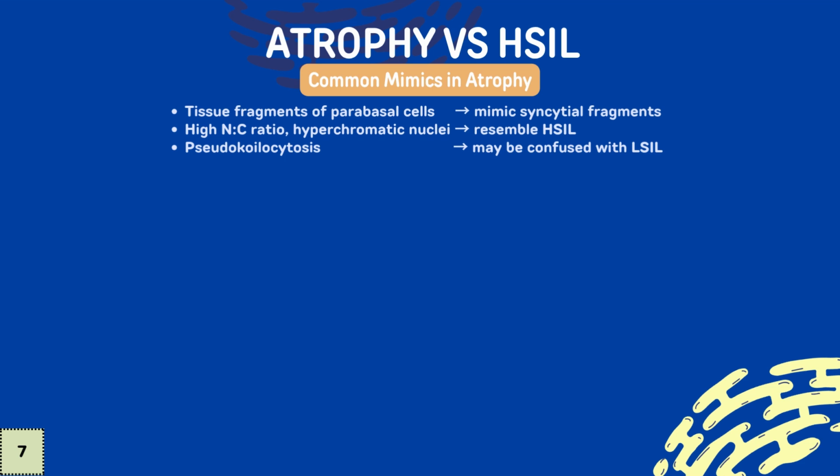For syncytial fragments, atrophy has folded tissue fragments which may mimic syncytia, while HSIL has true syncytial fragments. For the cytoplasm, atrophy has degenerated atrophic cells which may have orangeophilic cytoplasm, unlike the abnormal keratinized cytoplasm of HSIL. And lastly, pseudokoilocytosis can also occur in atrophy, leading to potential confusion with LSIL.